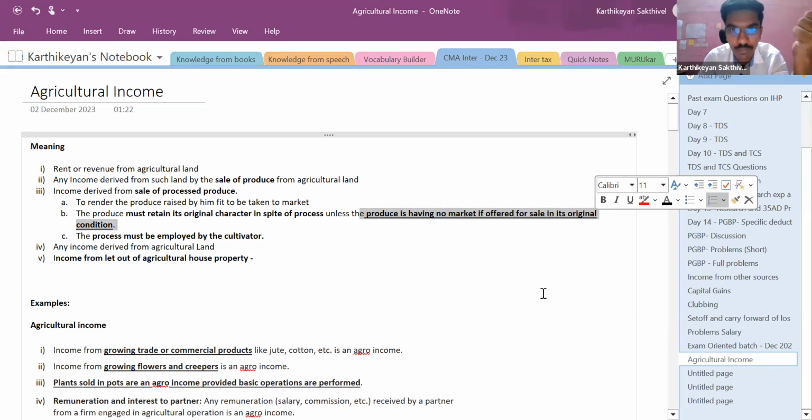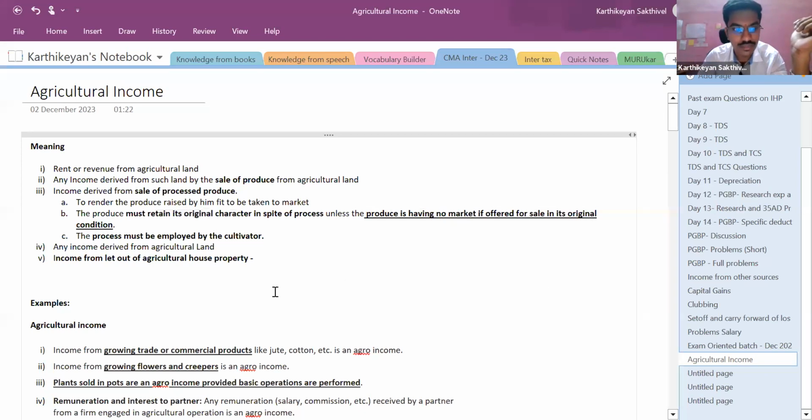If the produce is going to have a market value in its original condition, but I am processing it further. For example, paddy has a market value. Obviously, it can be sold in the market.